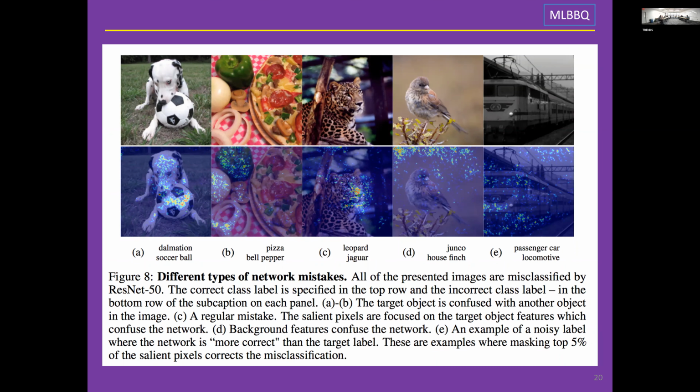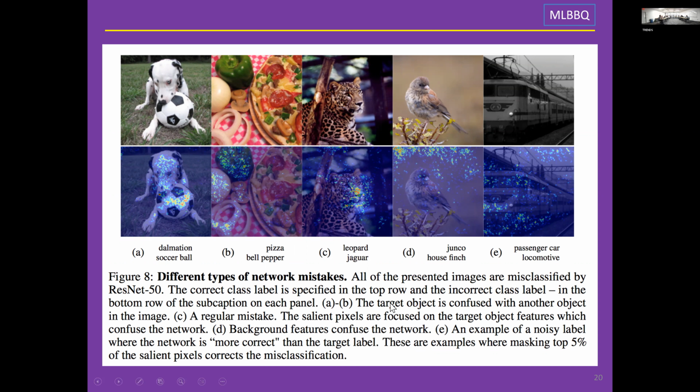That means, for example, pizza is the correct class label and the bell pepper is the predicted class, right?